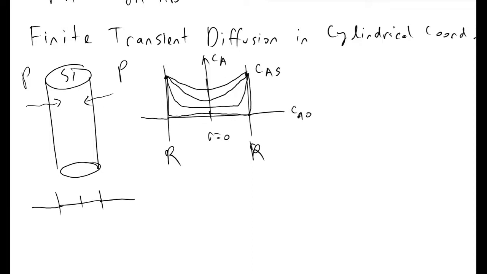As time continues, we eventually reach a point at which we have a uniform concentration of phosphorus inside of our silicon cylinder. At that point, we no longer diffuse because there's no gradient.